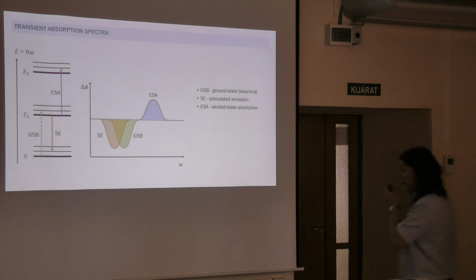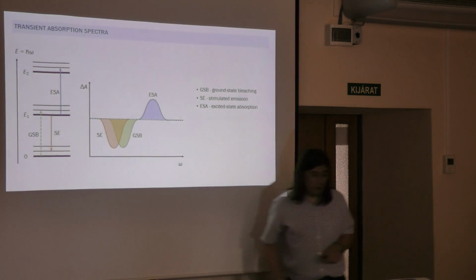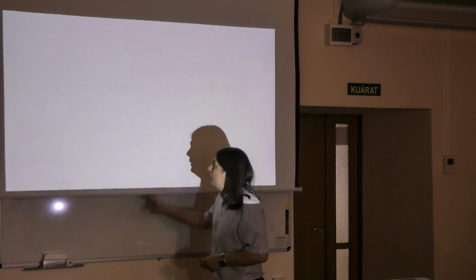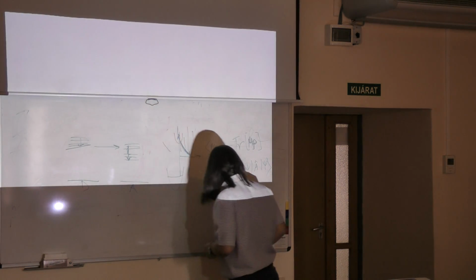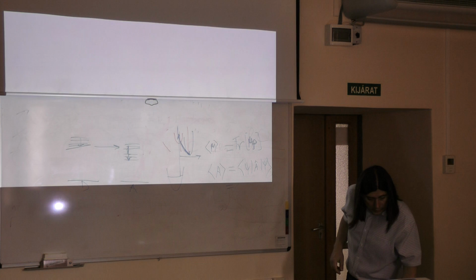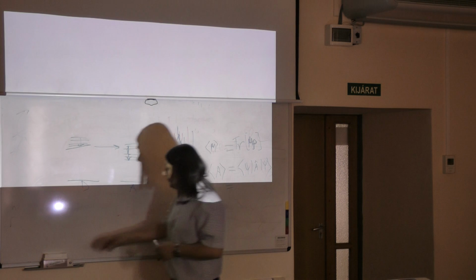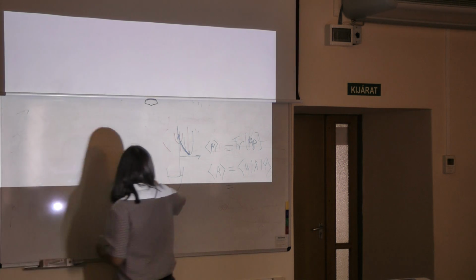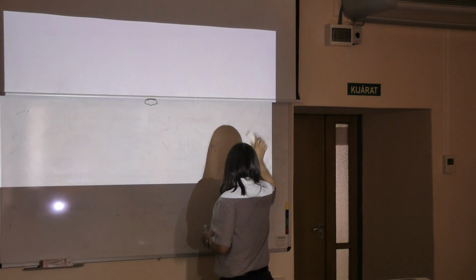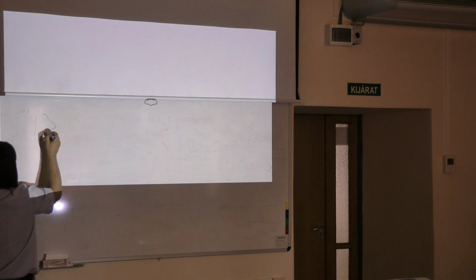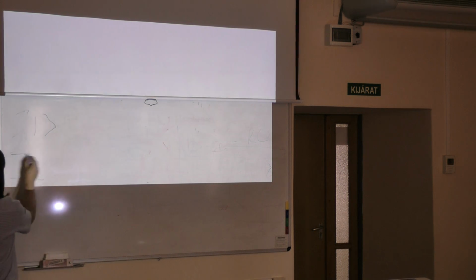And now, maybe I can explain that a bit. What does that mean? It's very convenient to express these processes in the density matrix formalism. Now, let's say we have our two-level system.